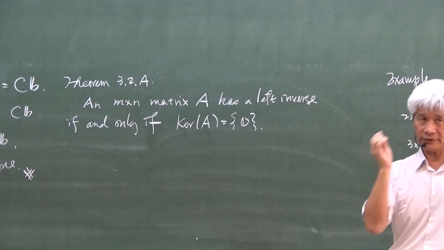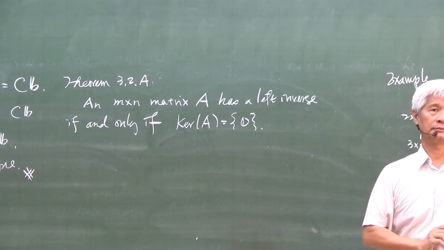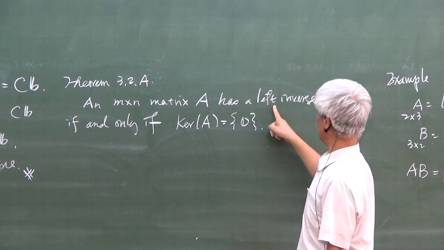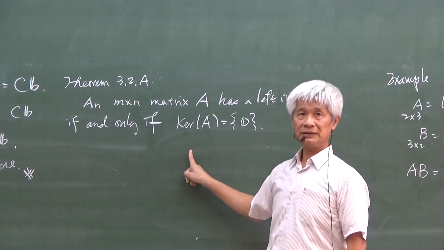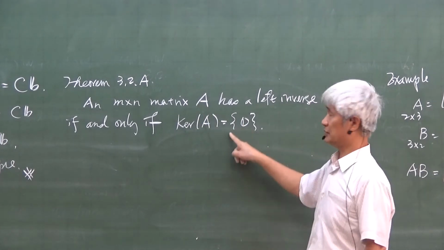So this is the only condition. The existence of a left inverse of a rectangular matrix is exactly connected to whether the kernel of A is trivial or not.